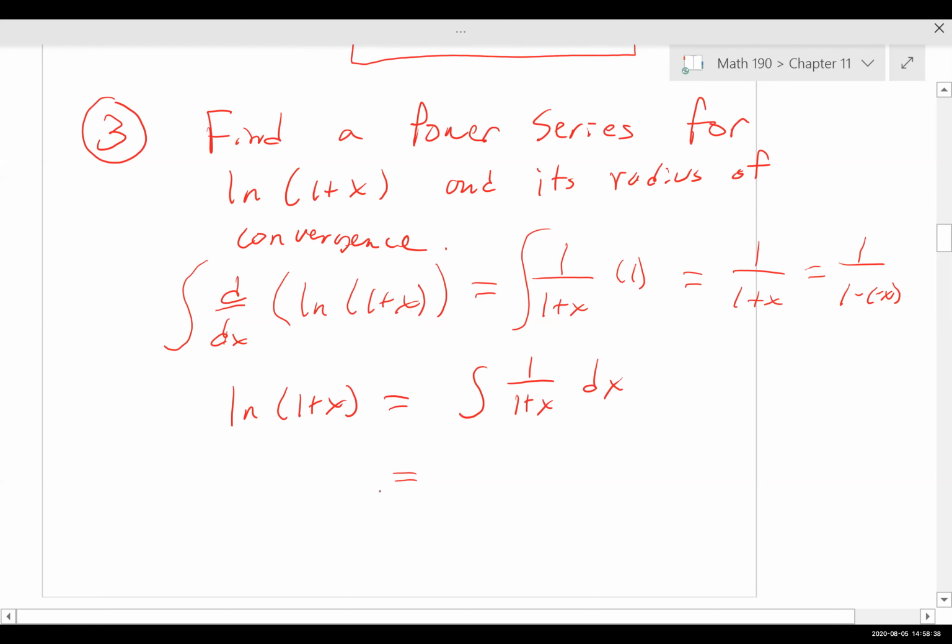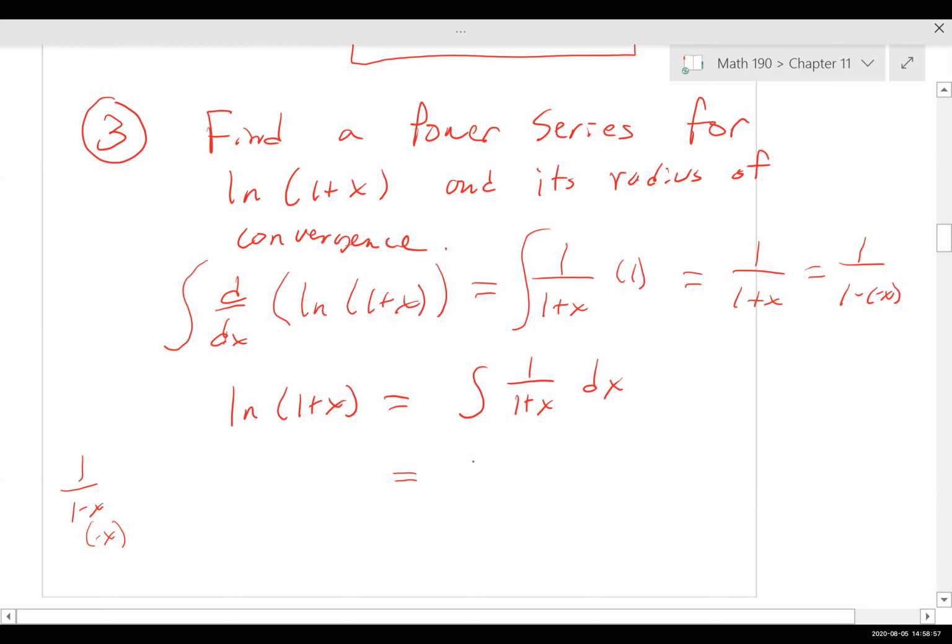Okay, so what's 1 over 1 minus x? Well, that was that power series, right? But in this case, instead of just x, we have a negative x, right? We have 1 minus negative x.